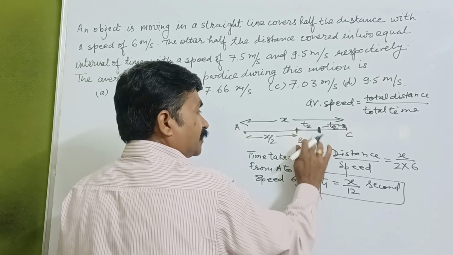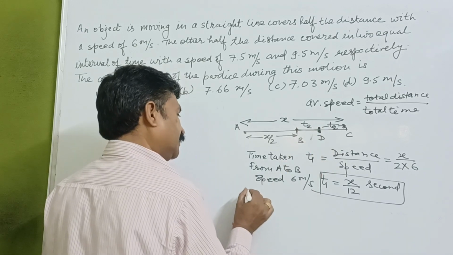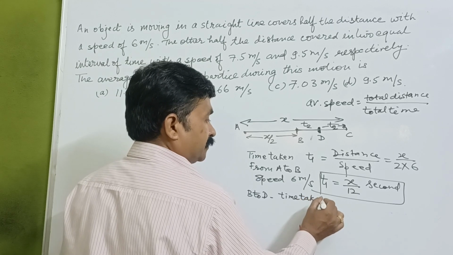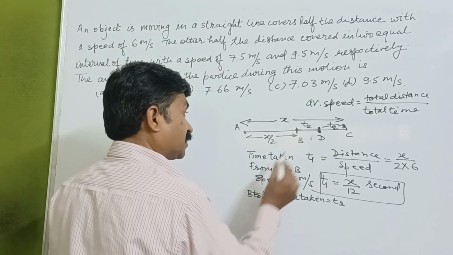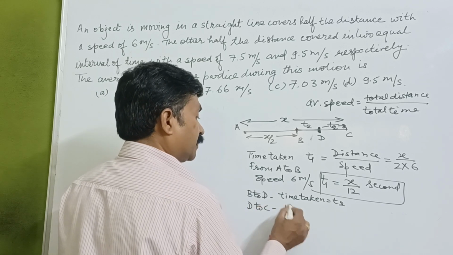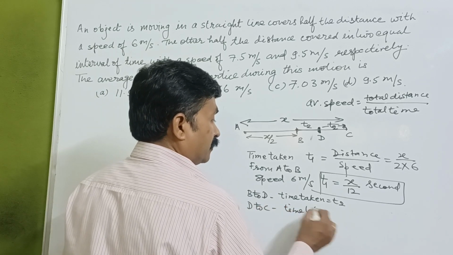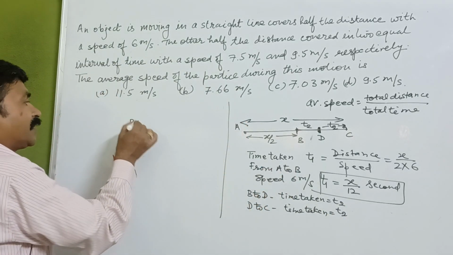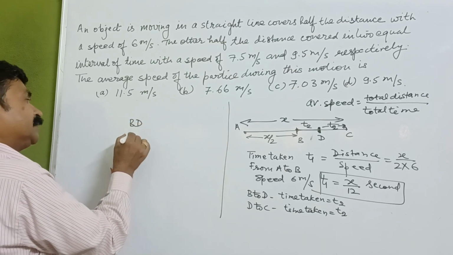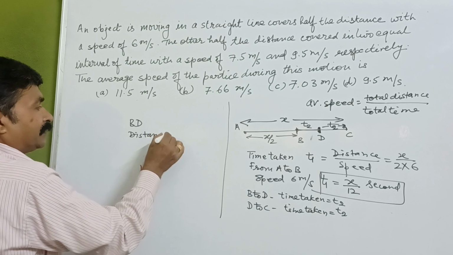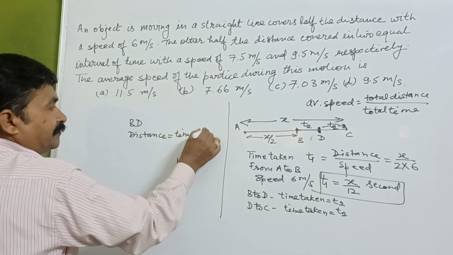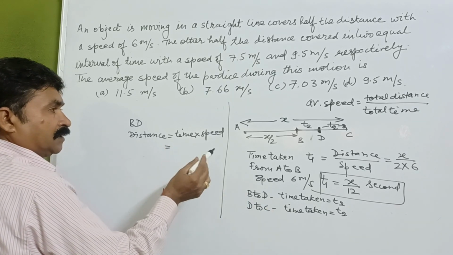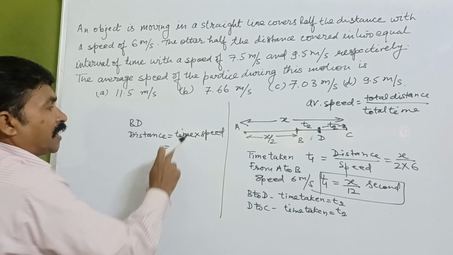Call this point D. For B to D, the time taken is T2, and for the same interval D to C, the time taken is also T2. The distance covered from B to D will be given by time into speed, where the time is T2.